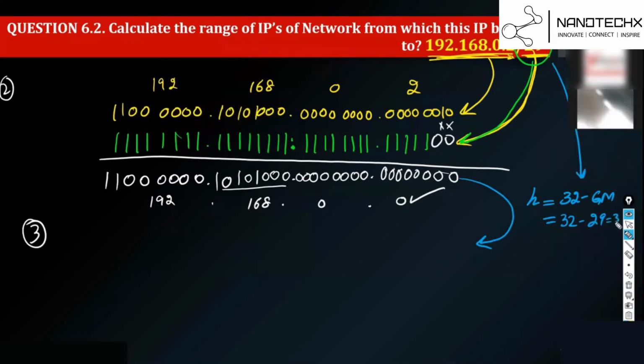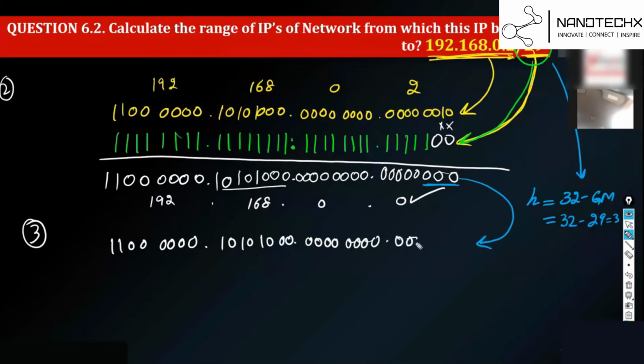It means how many bits should be changed in this one? 3 bits. We make them 1. That's all. That will be our last IP address. So let me write that one first. 11000000 dot 10101000 dot 8 times 0 dot 8 times zeros again, right?